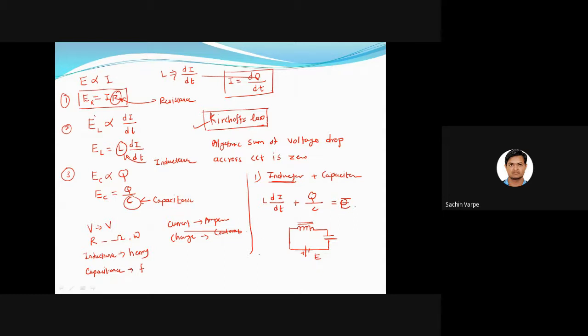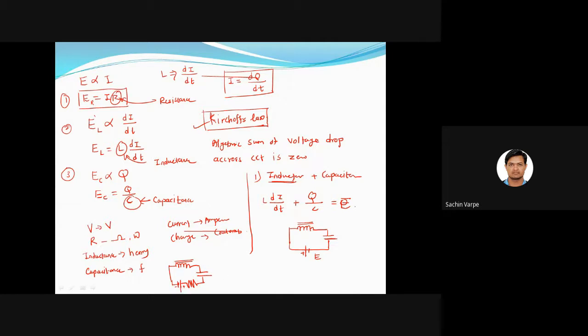This is the circuit. And if any circuit involves an inductor, resistor, and capacitor, all three components, suppose this is the inductor, here is the capacitor, and it has a resistor also, along with the battery, then what are the voltage drops across these components?